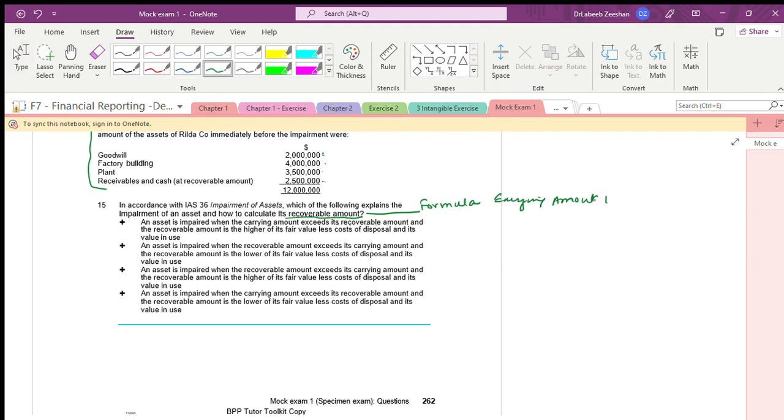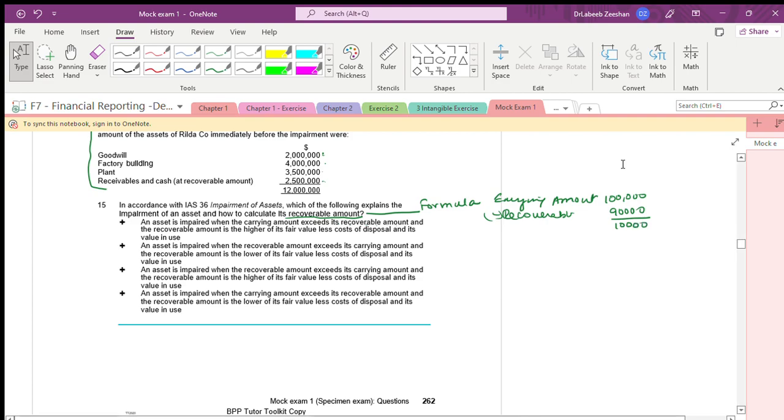Is it right? If the carrying amount is 100,000 and the recoverable amount is 90,000, the 10,000 shortfall is nothing but impairment. The carrying amount exceeds the recoverable amount, and the recoverable amount is the higher of its fair value less cost of disposal.